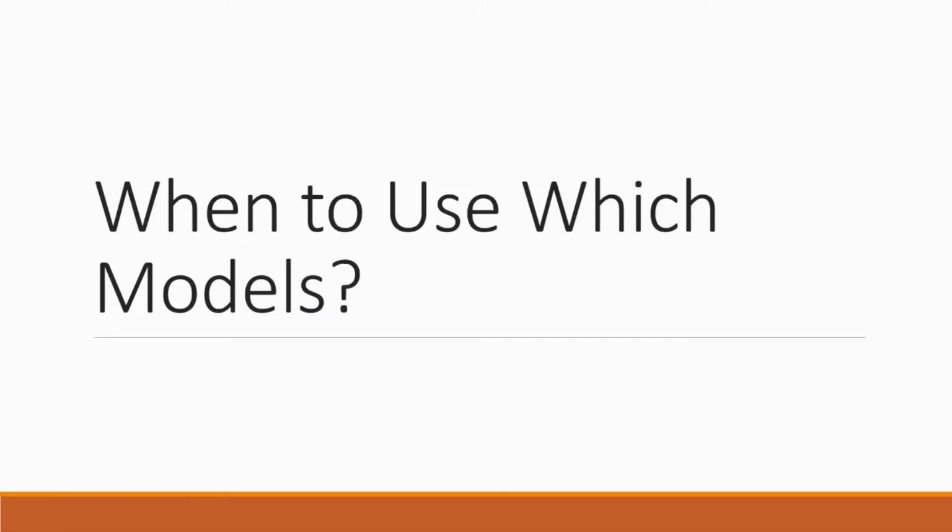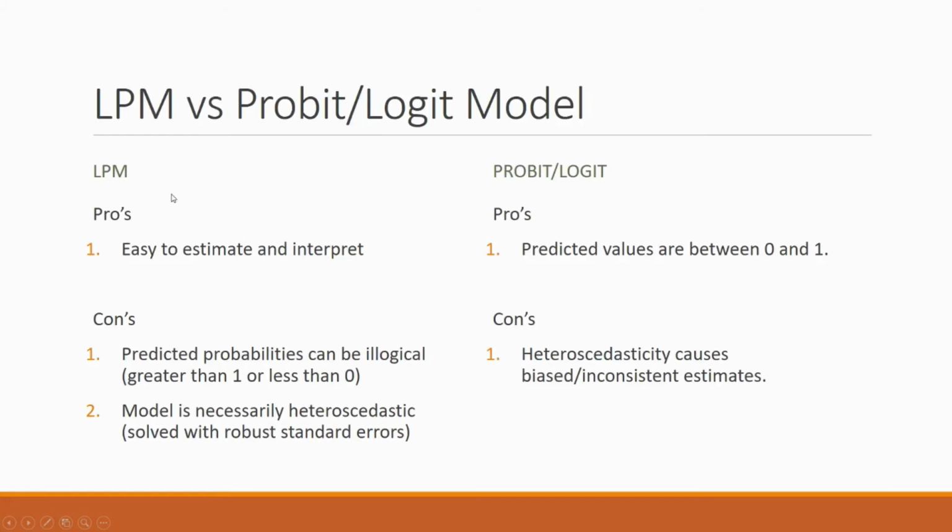All right, now when to use which model? When do we use a linear probability model, and when do we use a Probit model? Let's discuss the costs and the benefits of the two models. The advantages of the linear probability model is that they're easy to estimate and to interpret.